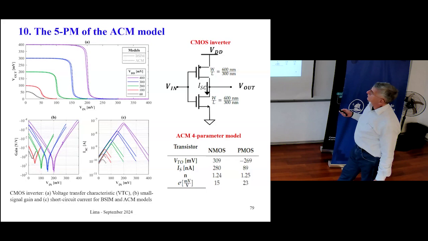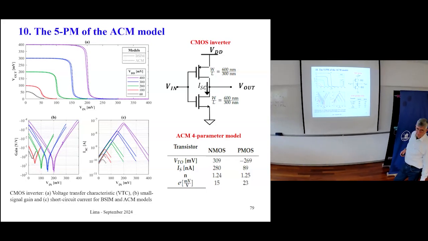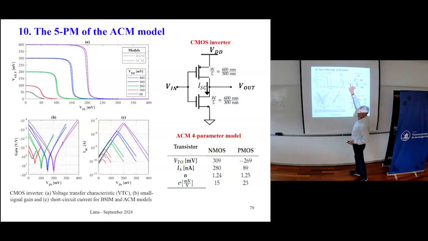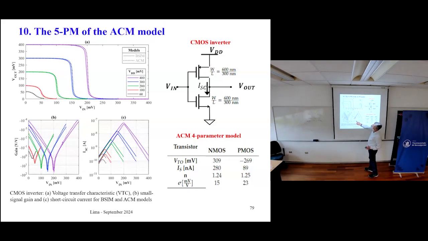Finally, this last set of curves here represents the short circuit current. What's the short circuit current? Assume that you have a very, very slow input voltage here, which changes from 0 to VDD. Then you have some current crossing from VDD to ground, right?